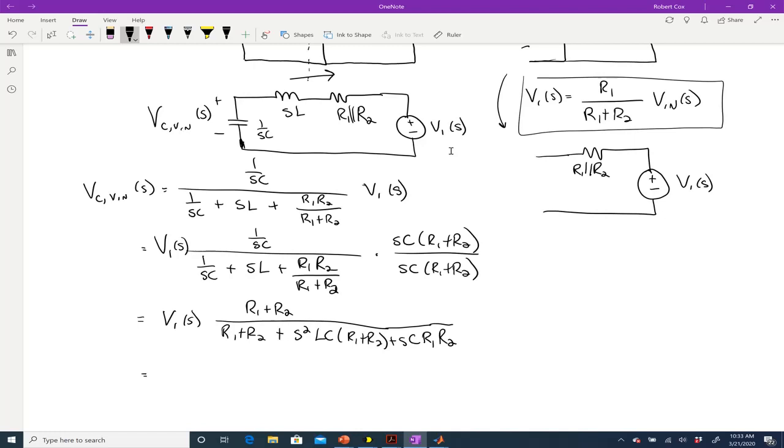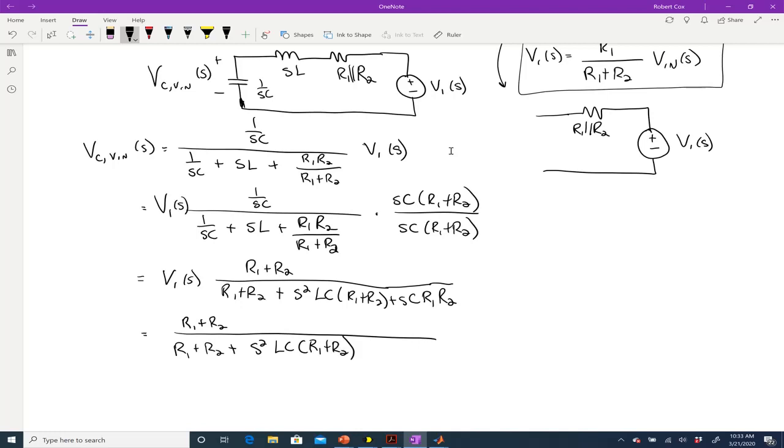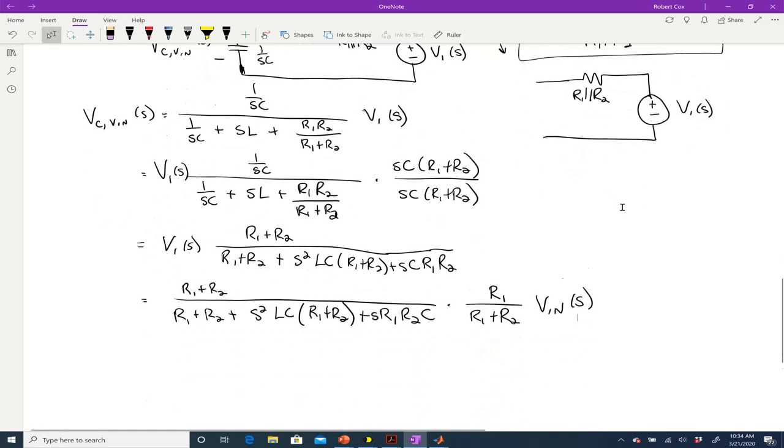This whole thing becomes R1 plus R2 over R1 plus R2 plus S squared LC times R1 plus R2, plus R1 R2 times SC, all of that times R1 over R1 plus R2 times Vin of S. That's simply by substituting my result for V1 of S from above.